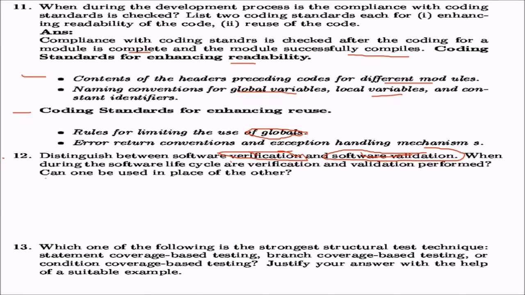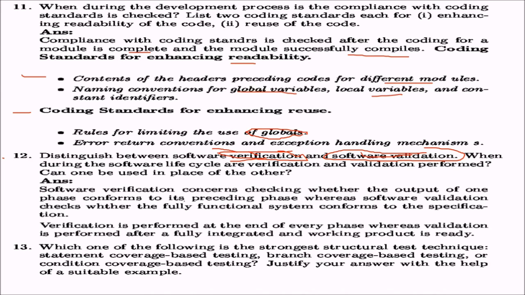While verification means that the output of one phase should conform to the next phase. If you are adding two values, then it should add, but the user may have asked you to multiply the values. Software verification only checks that addition is correct or not. So software verification checks whether the output of one phase conforms to the preceding phase.